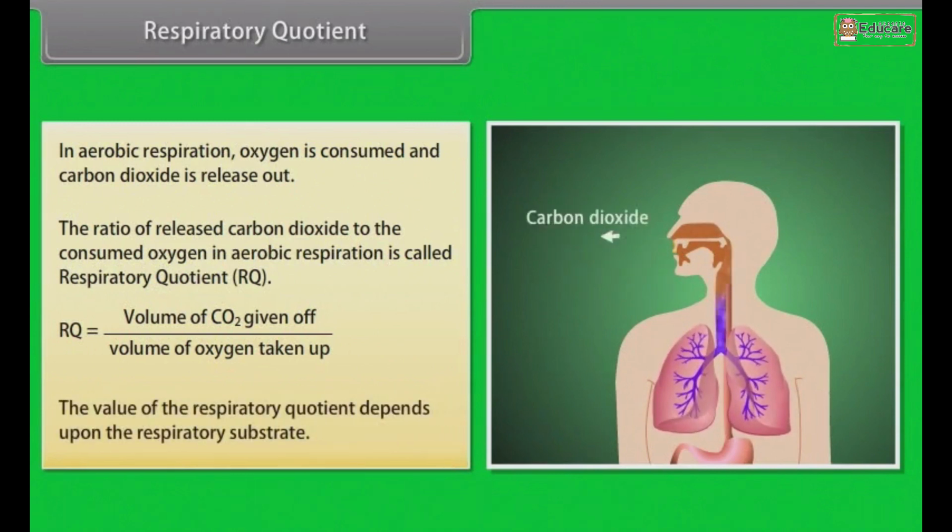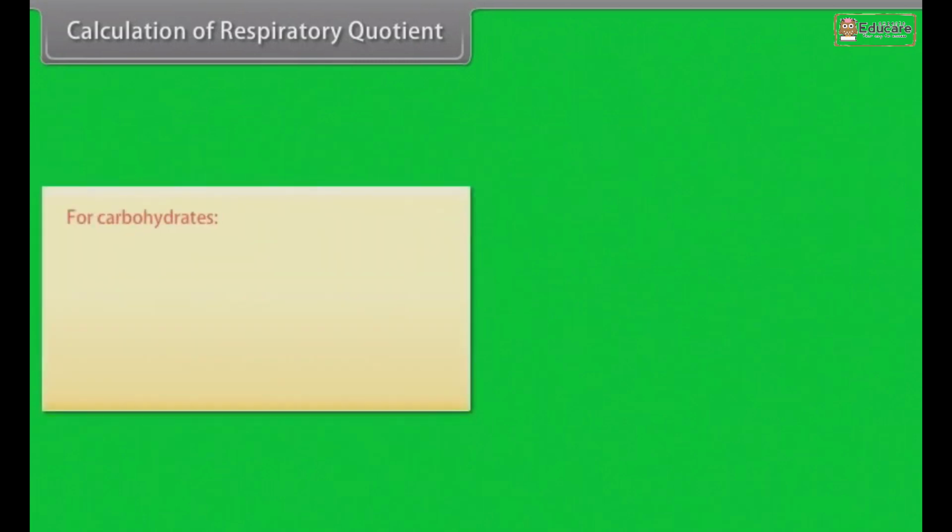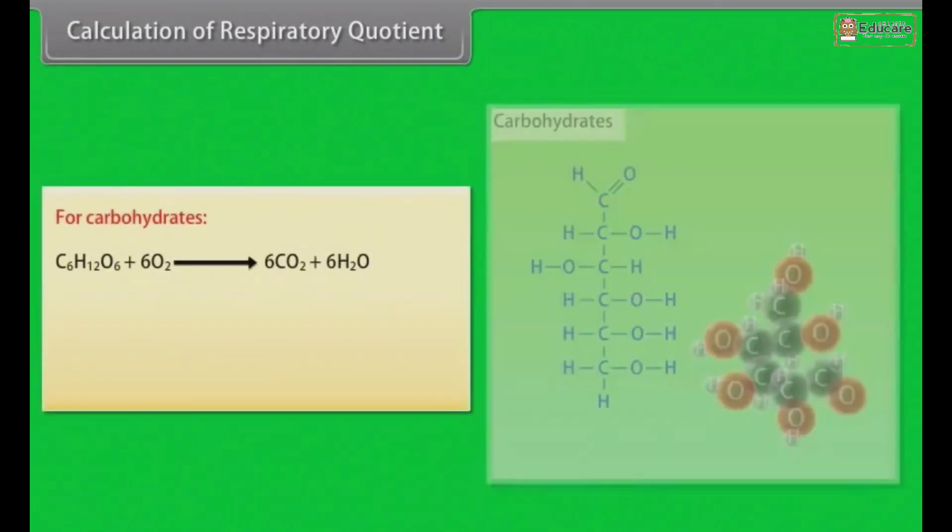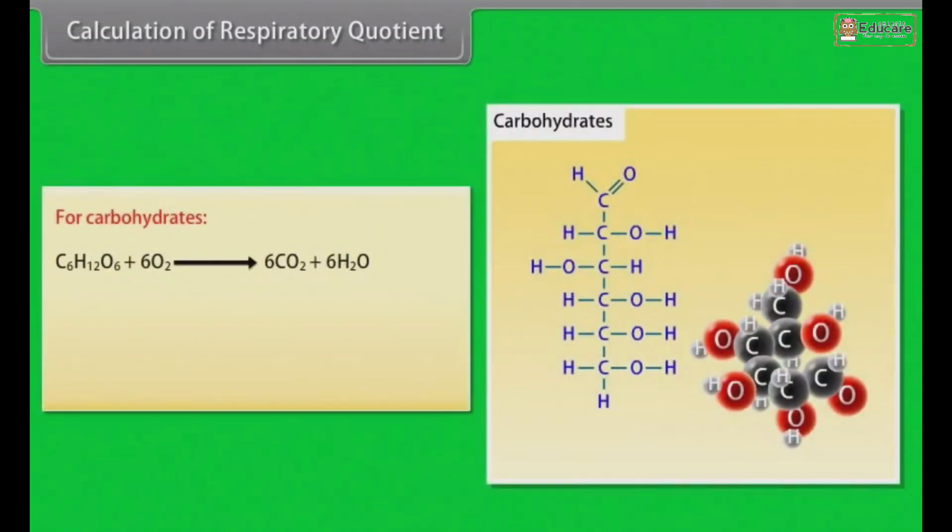The value of the respiratory quotient depends upon the respiratory substrate. Calculation of respiratory quotient. For carbohydrates, C6H12O6 plus 6O2 gives 6 CO2 plus 6 H2O. Respiratory quotient can be calculated as 6 CO2 by 6 O2, which is equal to 1.